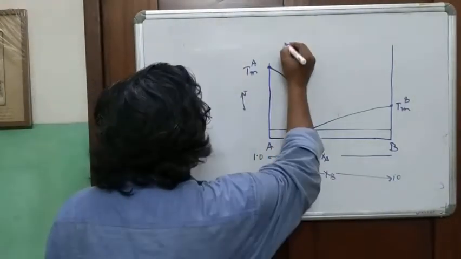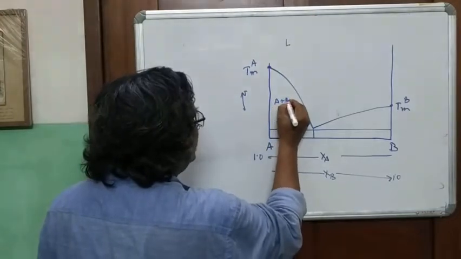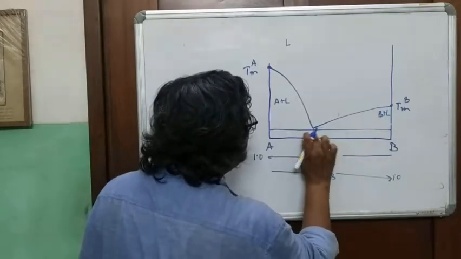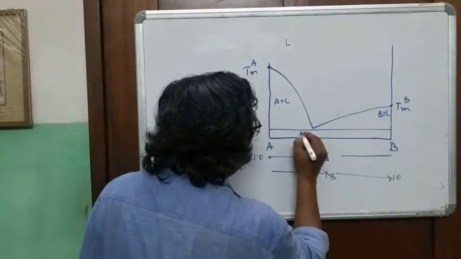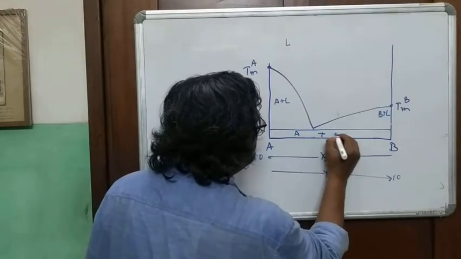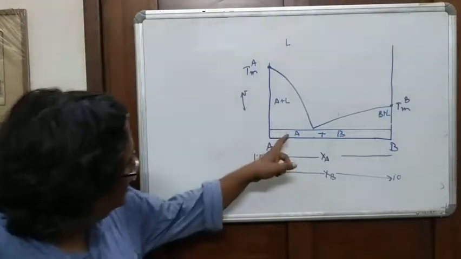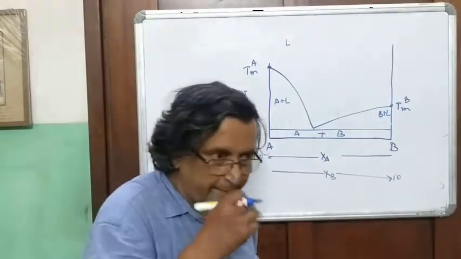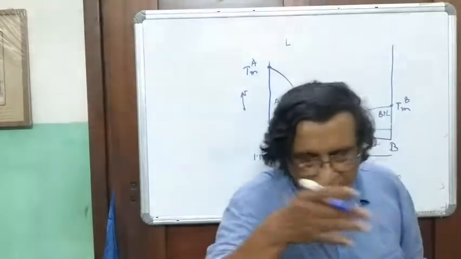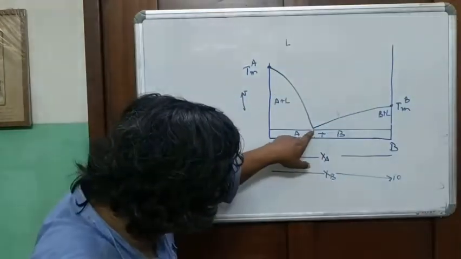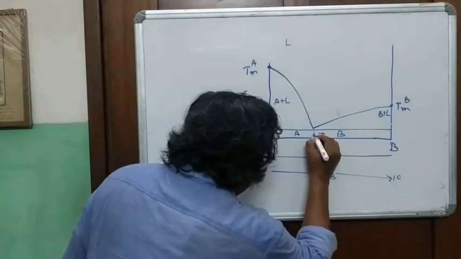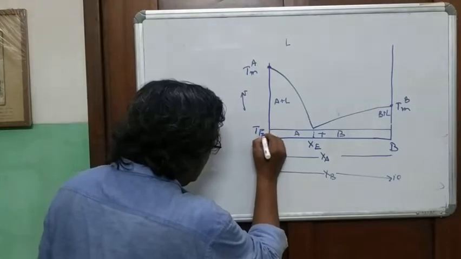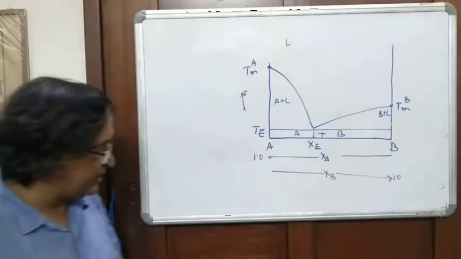And this is a liquid, and this is A plus liquid, this is B plus liquid, and this is A plus B, meaning A solid, B solid. This is A solid plus liquid, B solid plus liquid. And remember from the former discussions, A is pure and B is pure. So below this temperature, this is XE, composition of the eutectic, and this is TE, the temperature of the eutectic.